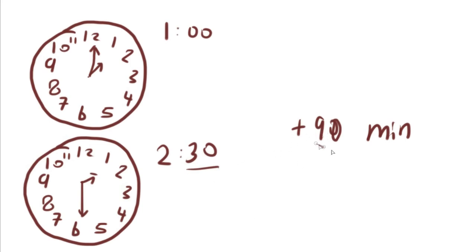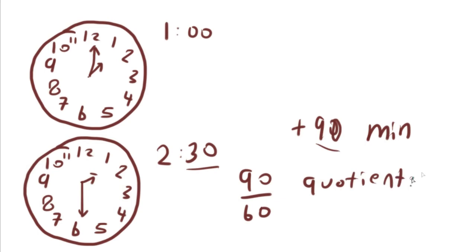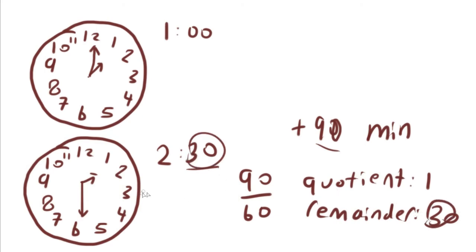So let's say 90 divided by 60, which will give us a quotient of 1, because 1 hour fits in 90 minutes, and then the remainder is 30, which matches up, because 90 minus 60 is equal to 30.